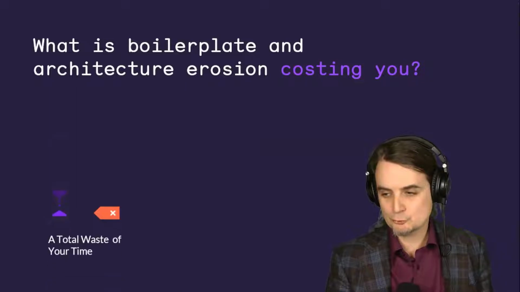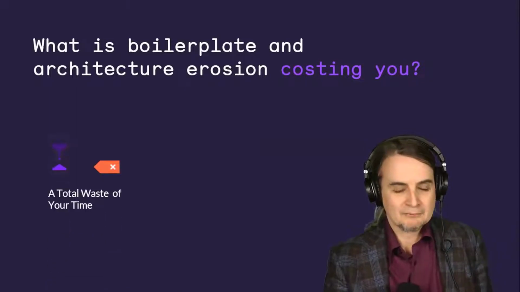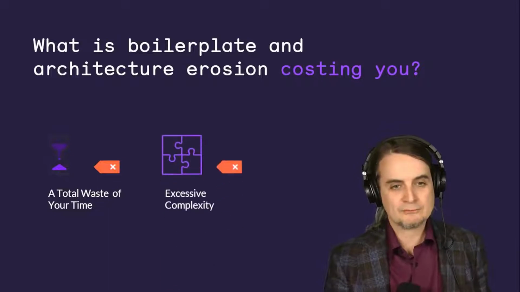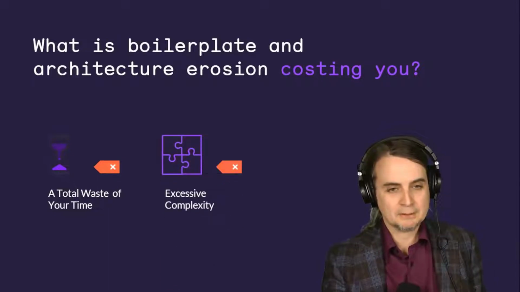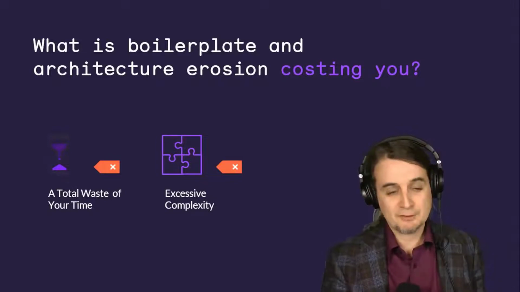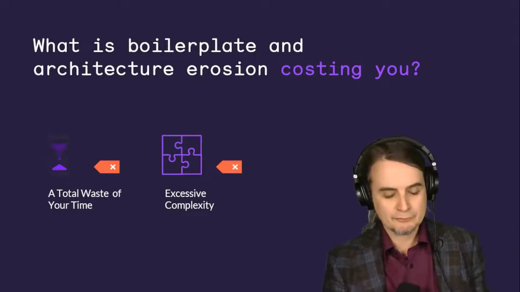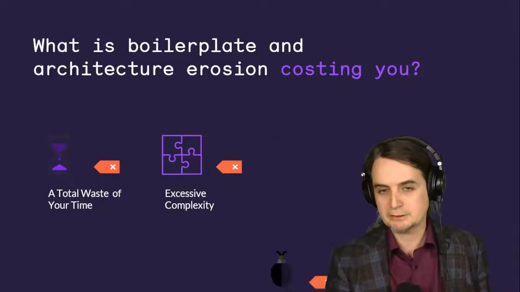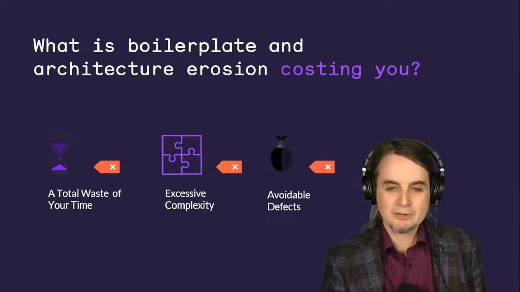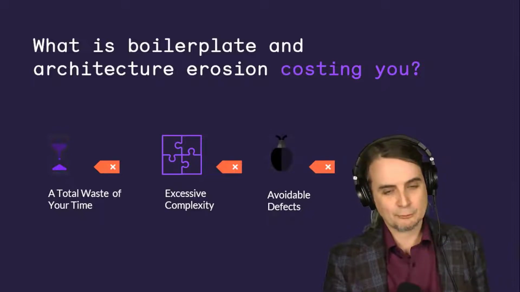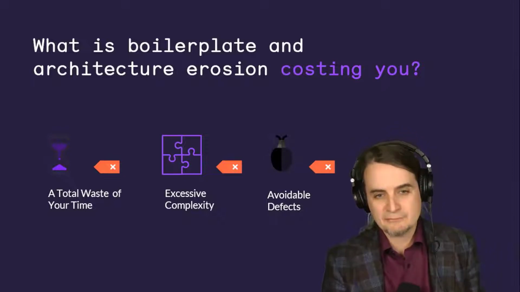So these are two problems that Metalama tries to solve, and these problems have a real cost for you: waste of time because you need to write boilerplate code, code that is too complex because of boilerplate code or because of irregularities of the code compared to the architecture. There are a lot of defects, bugs in the boilerplate code, or bugs that come from the excessive complexity.